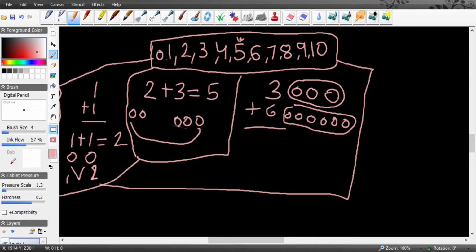So 1, 2, 3. So we have 3 here, and then we're going to add 6. We're not going to start from 1. We're just going to keep going. 4, 5, 6, 7, 8, 9. So that's our answer, 9. Because we got through our 9th circle, and that's how many circles we have.